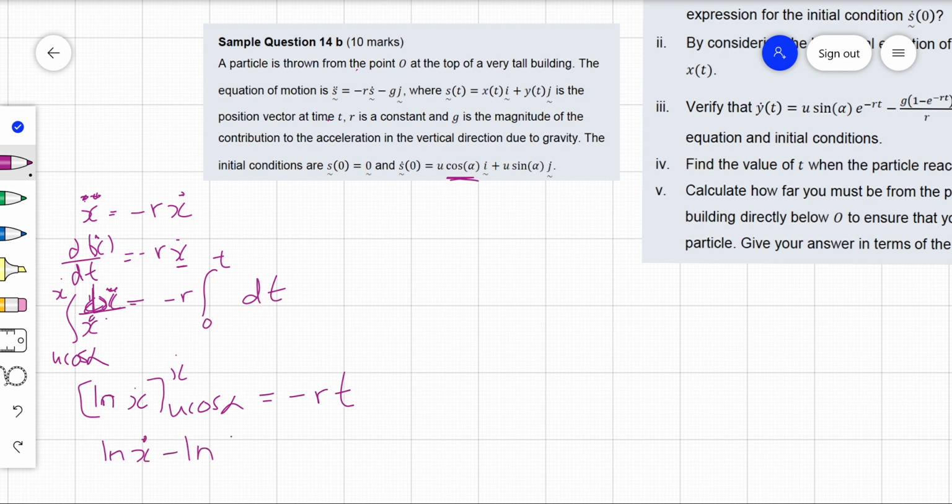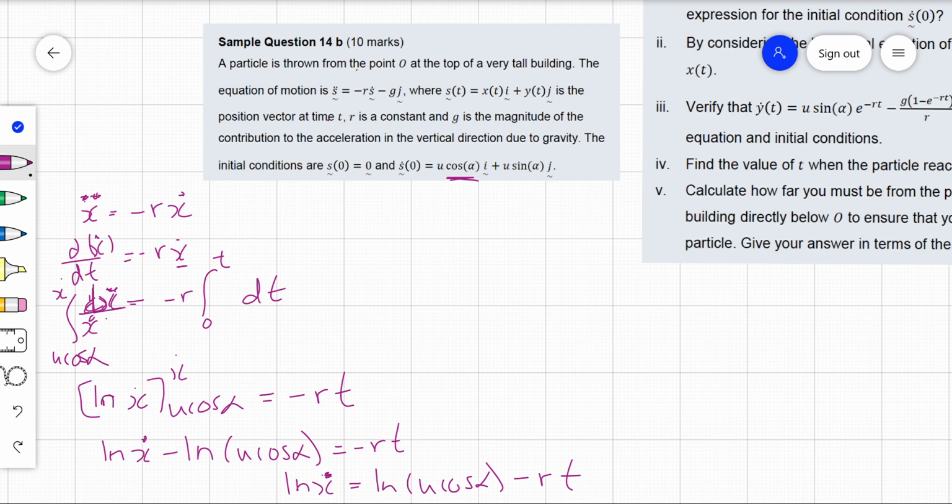So I'm going to have log x dot equaling log of u cos alpha minus rt. That keeps my x dot separately, which is what I want.